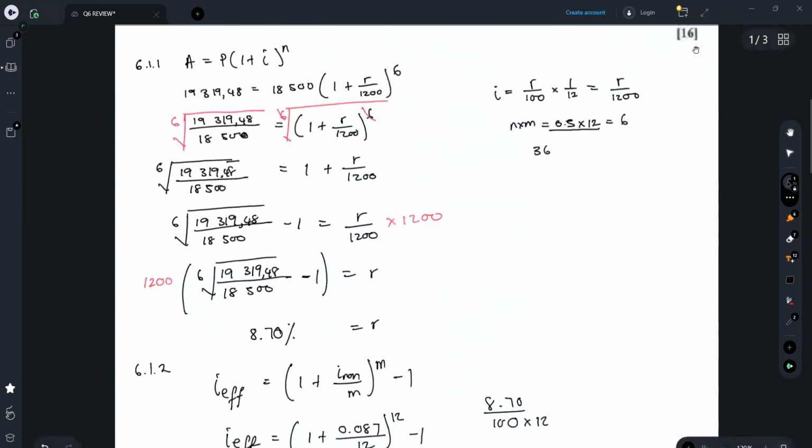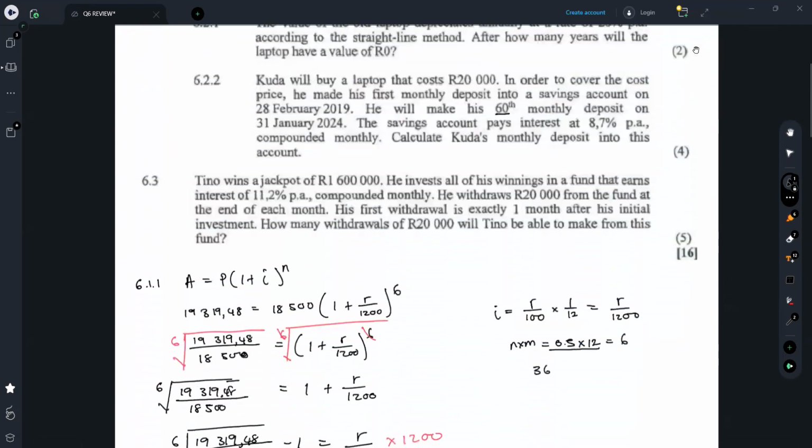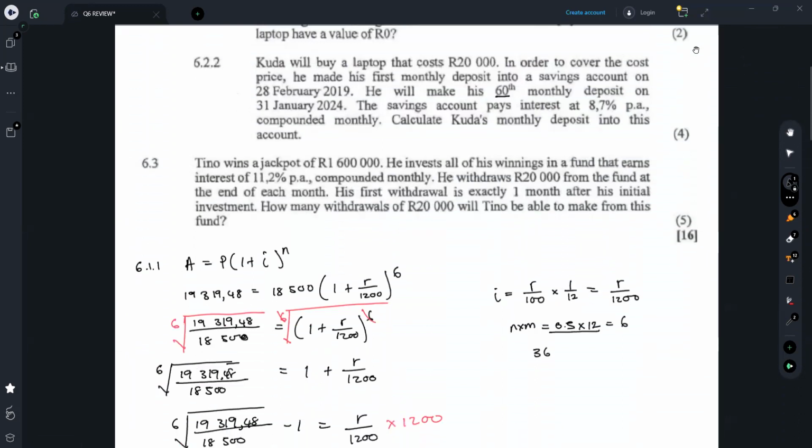Okay. So let us go on to the next question here. We're done with 6.2. Let's go on to 6.3. It is said that Tino wins a jackpot of 1.6 million. That must be nice. He invests all of his winnings into a fund that earns an interest of 11.2% per annum compounded monthly.